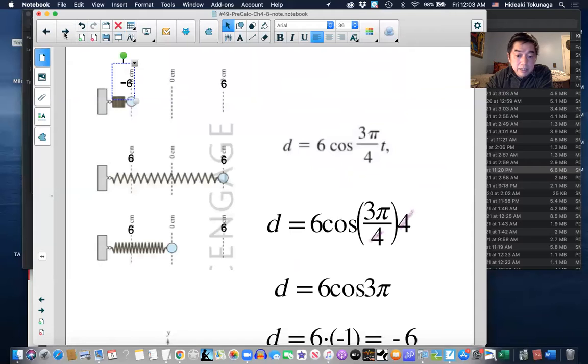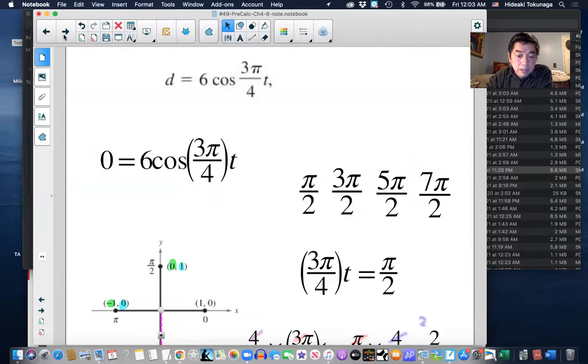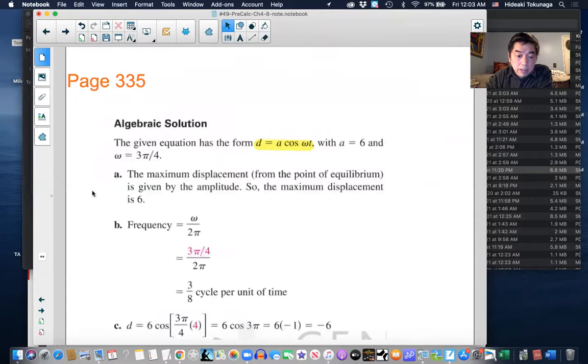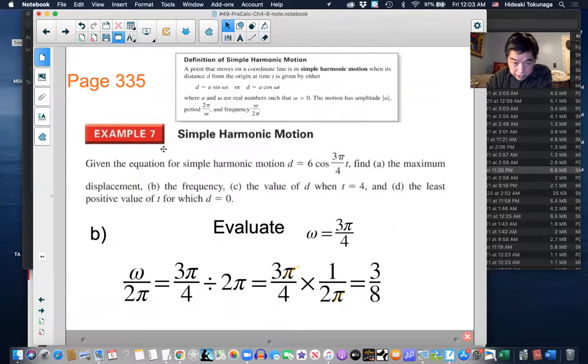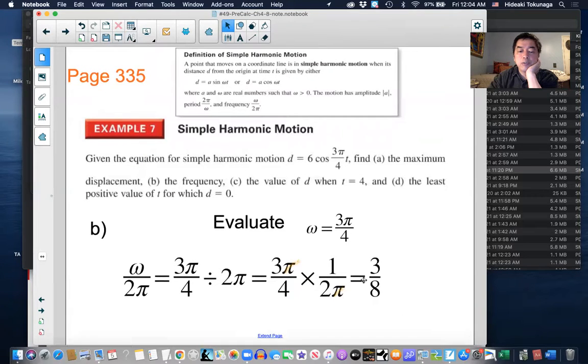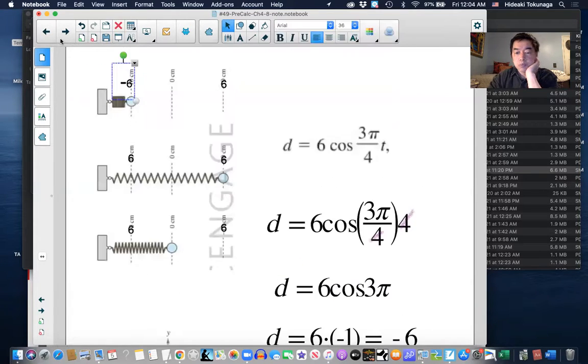Question C. The value of d when t equals 4. So you plug in t equals 4. When you plug in t equals 4, make sure you do the equation first here.